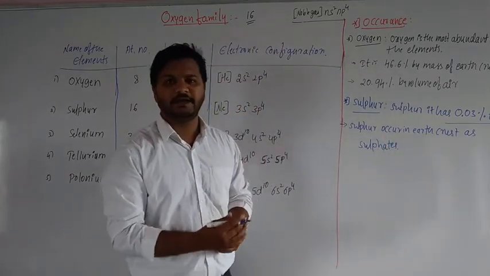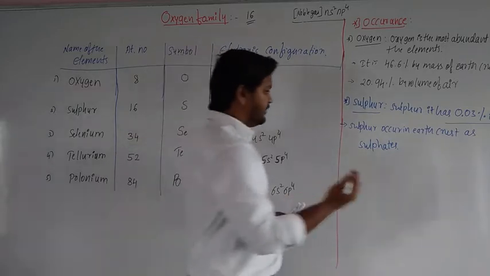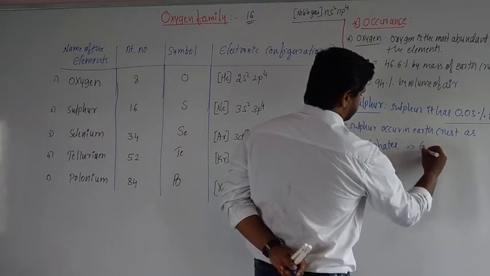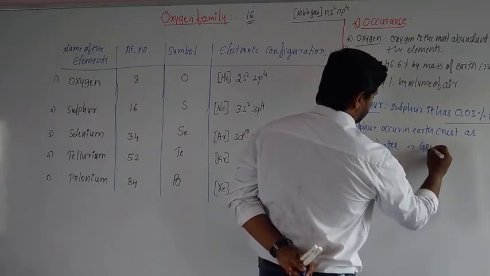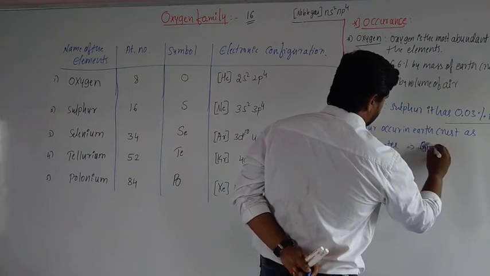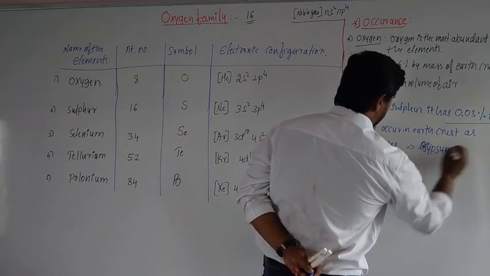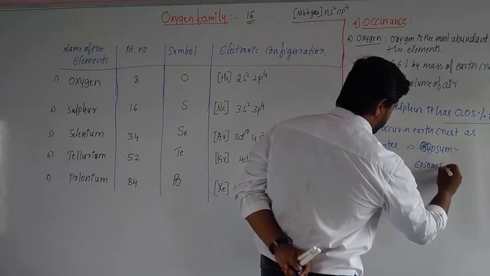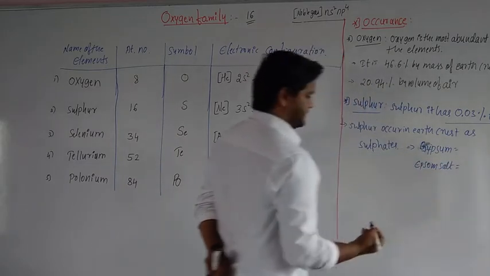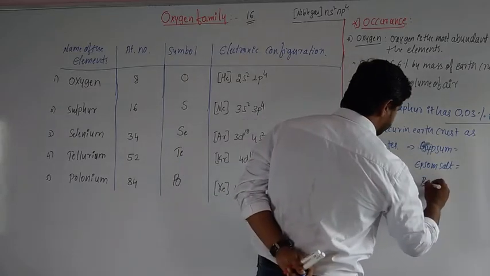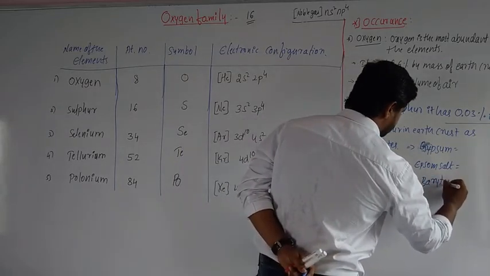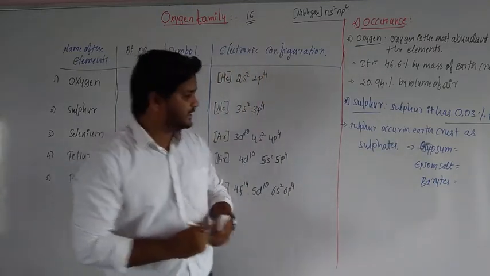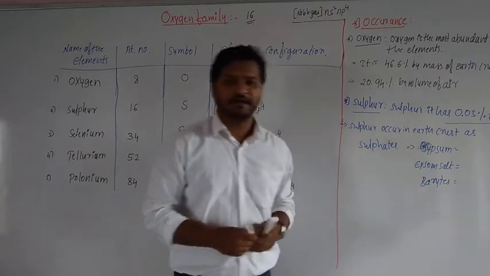Sulfur is available to us as sulfates. So, the first one is gypsum, the second one is Epsom salt, or simply Epsom, and lastly barytes. Sulfur occurs in the earth crust as sulfates like gypsum, Epsom salt, and barytes.